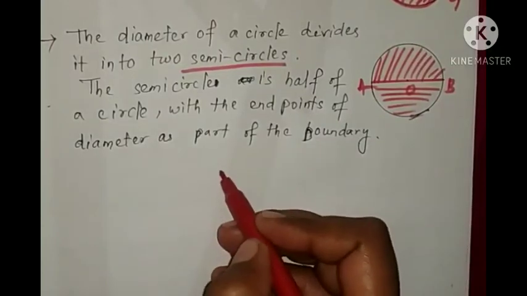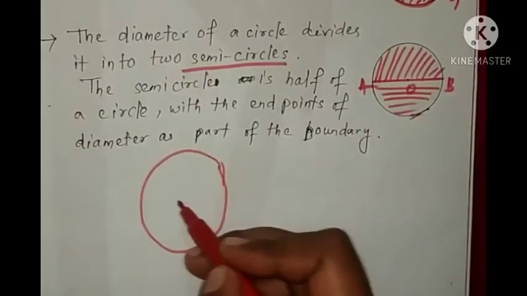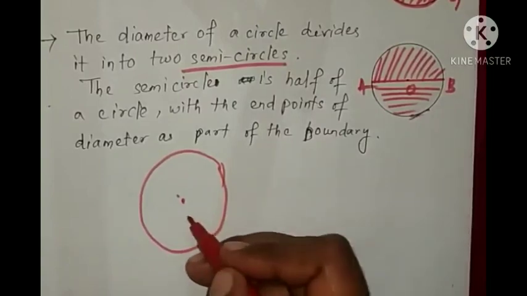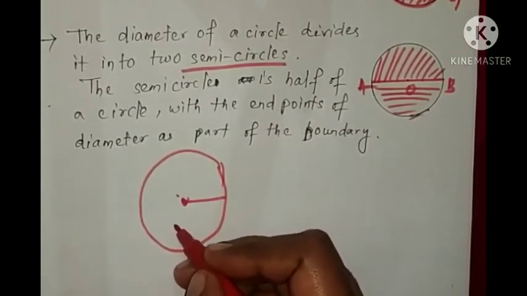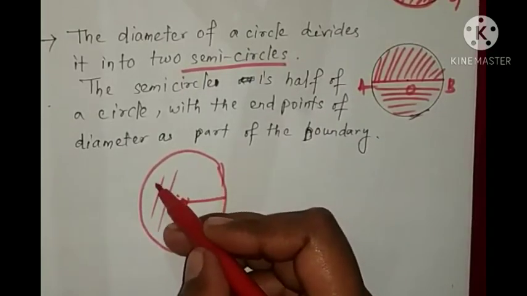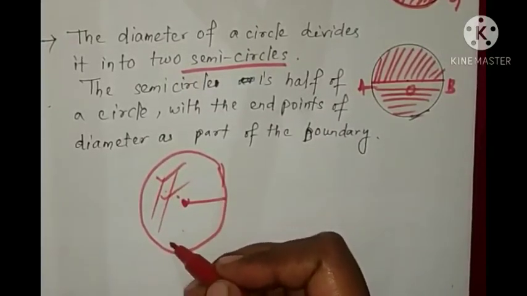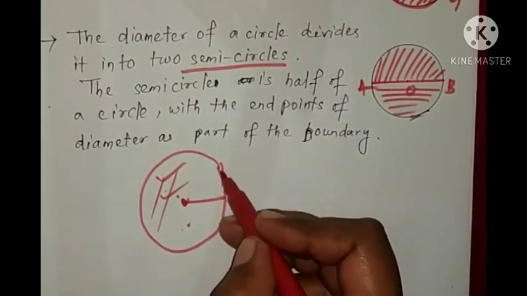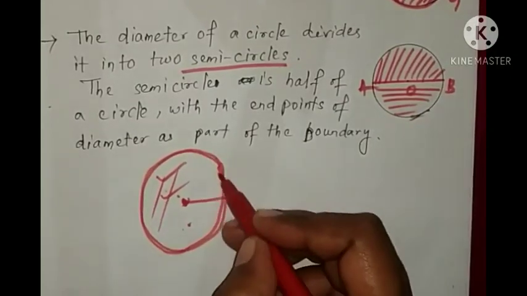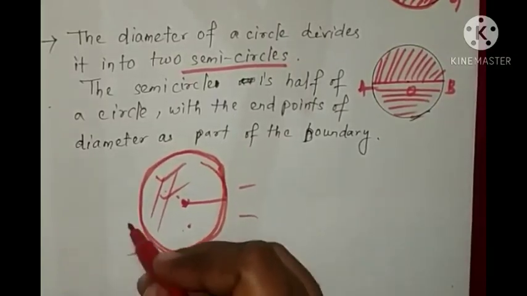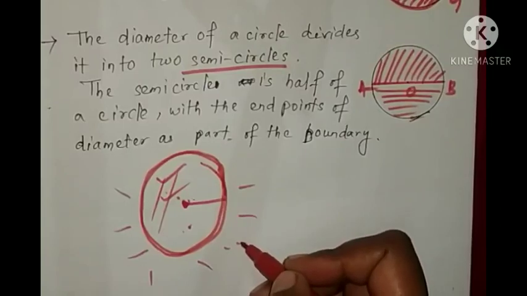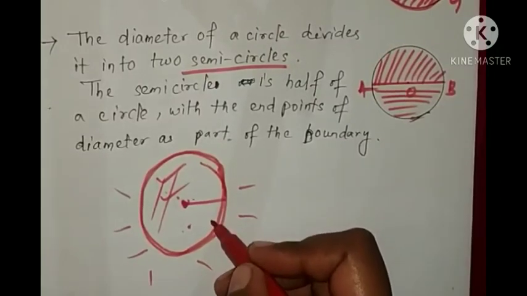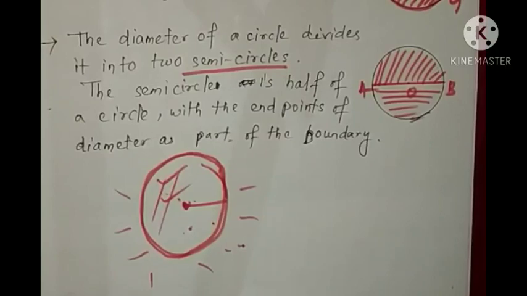In a circle, the interior part is where you can find the radius and center, and different points; you can find chord and segment, all these things inside. The circumference is the boundary, and the outer region is the exterior of your circle. So this is about today's class. I hope you have understood. Okay, thank you.